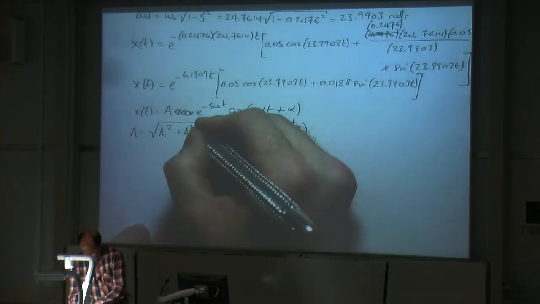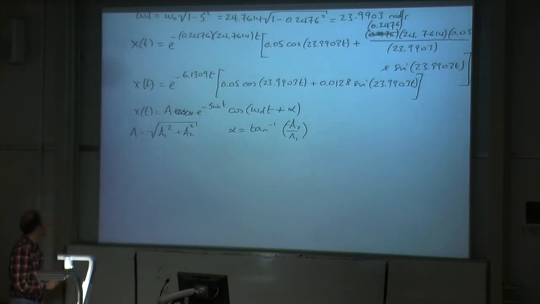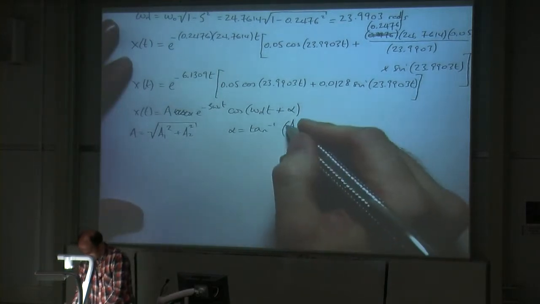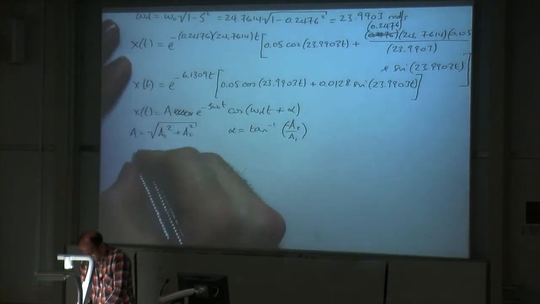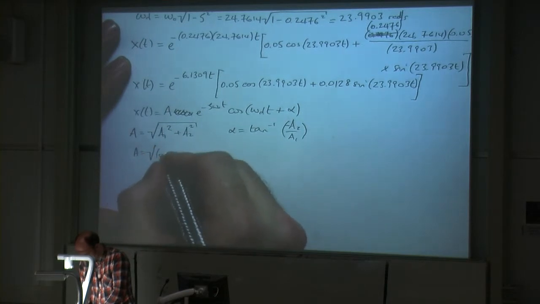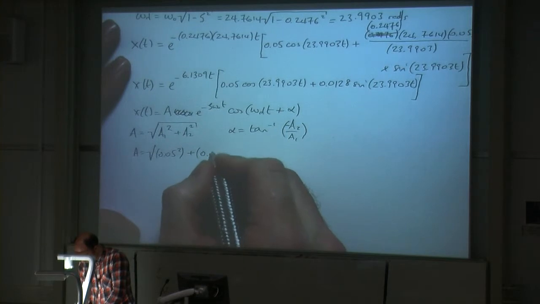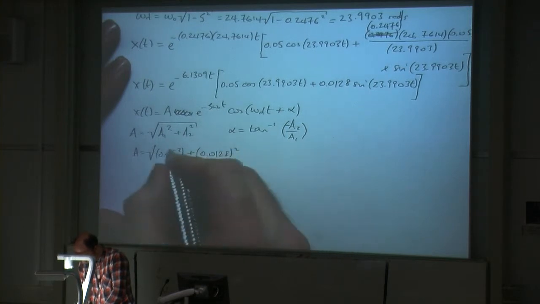So that's using Pythagoras' theorem, okay, and the angle tangent is minus A2 over A1. And so we can find out what A is. A is the square root of 0.05 squared plus 0.0128 squared.